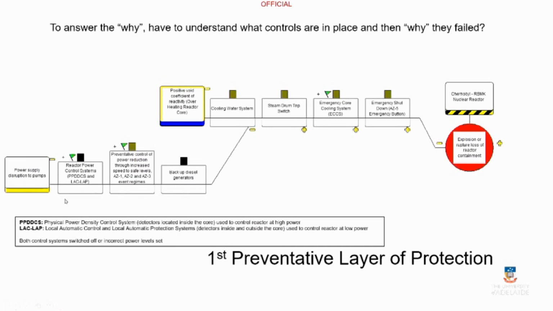And the sub-threat line to that would be, I lose my power, or there's a disruption of power to my pumps. So what controls were in place for RBMK reactors?